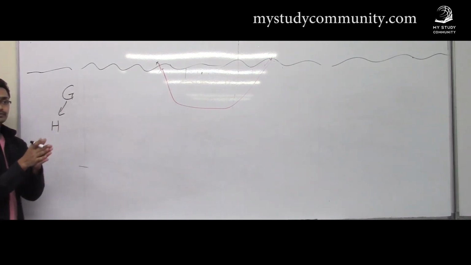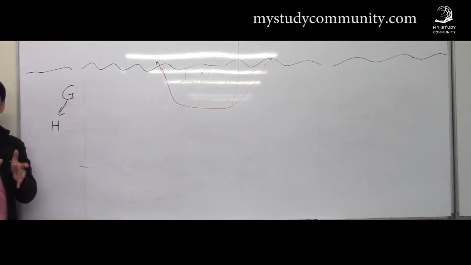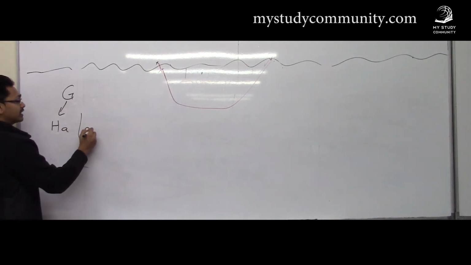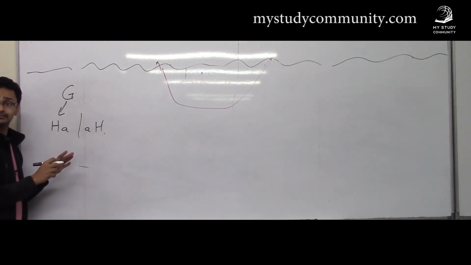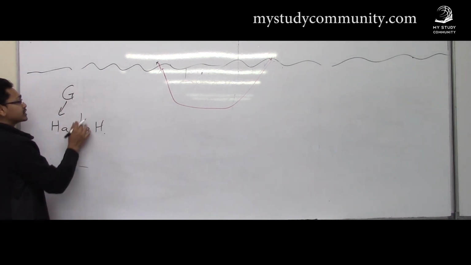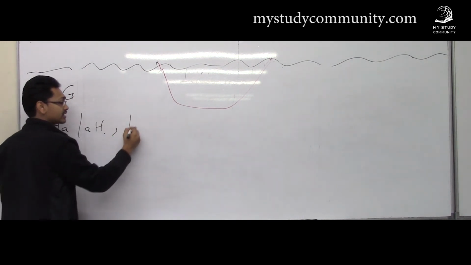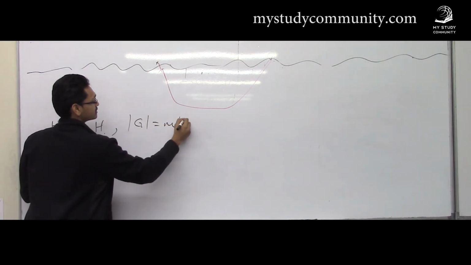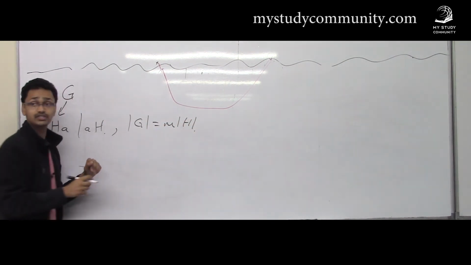So we have a group G, we have a subgroup H. From H we can form cosets, which would be Ha or aH. Everybody's okay? These partition G. Then we met Lagrange's theorem, which says that the order of H divides the order of G, which is great.